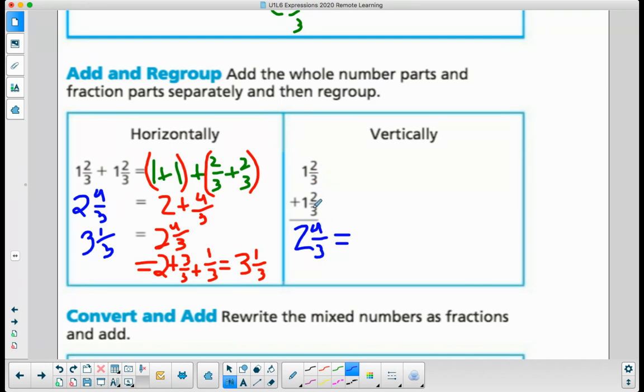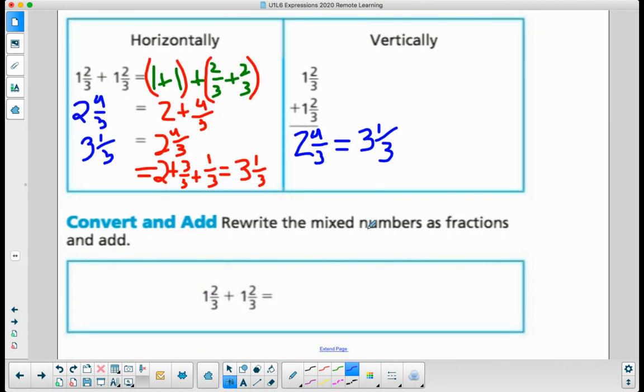And 2/3 plus 2/3 is going to be less than 2 wholes because it's less than 1 plus 1. So it's either going to be a fraction or a fraction greater than 1, but not greater than 2. So I'm going to take out 1 whole, which would be 3 of the thirds, and add that to my 2 wholes to give me 3 wholes. And after I take the 3/3 out or group those 3/3 into a whole, I have 1/3 left.